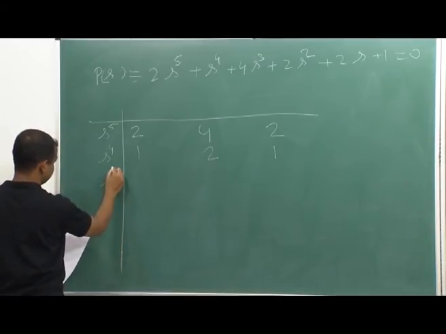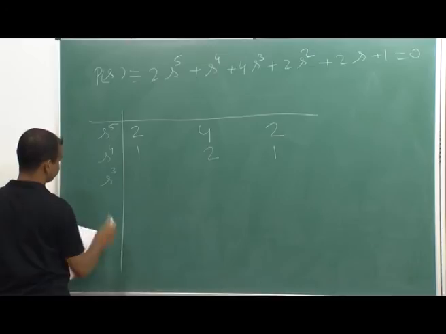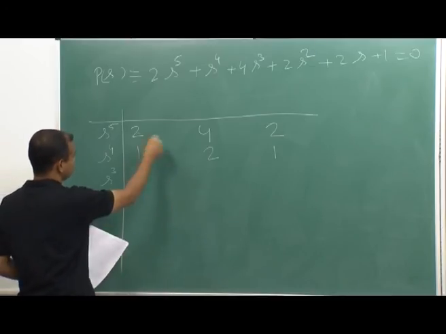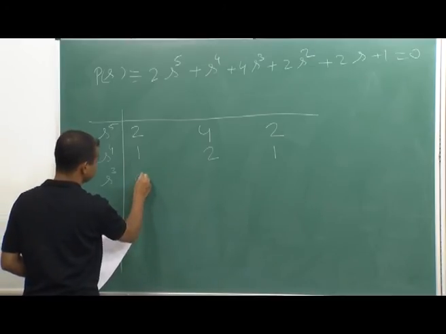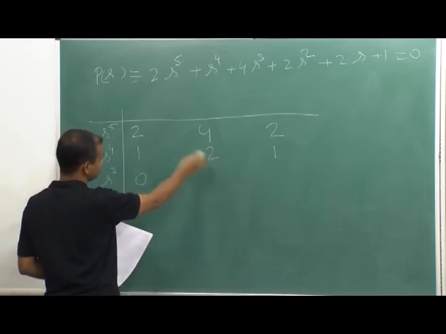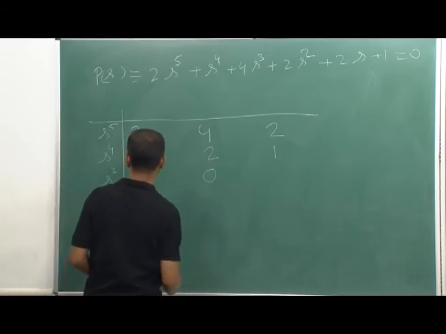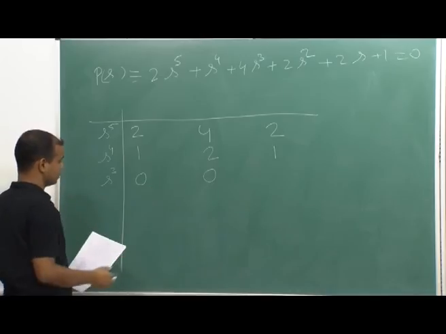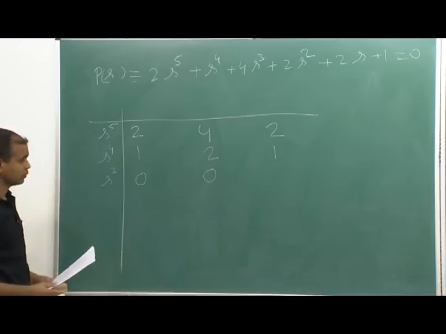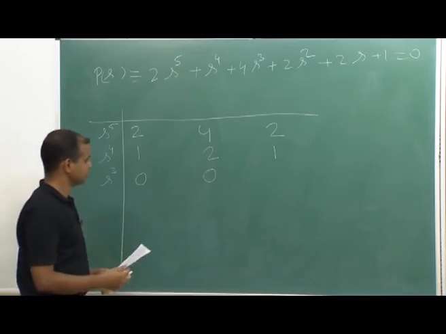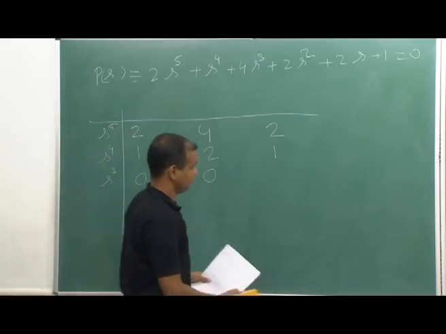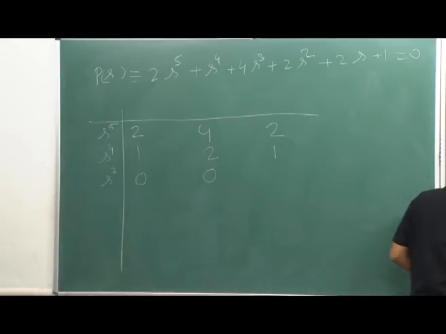The coefficient in this row s cube, 4 minus 4, will be 0. Here 2 minus 2, again this will be 0. So again we are getting all the terms in this row 0. So we will have to find the auxiliary equation, and then we will have to find the new coefficients.